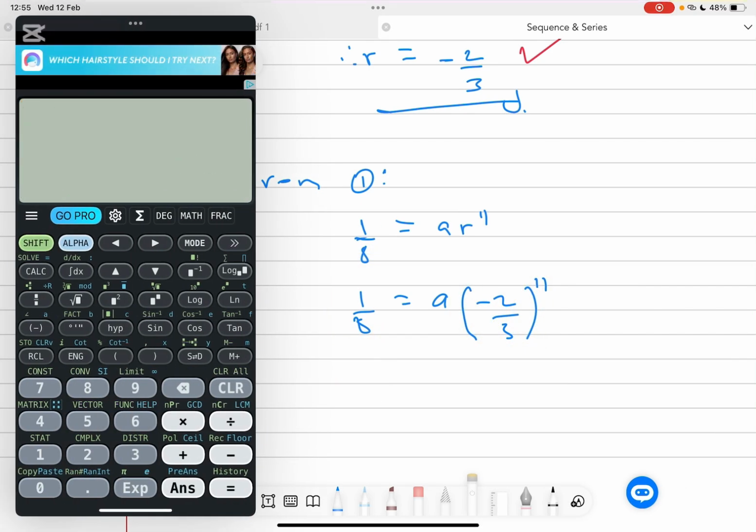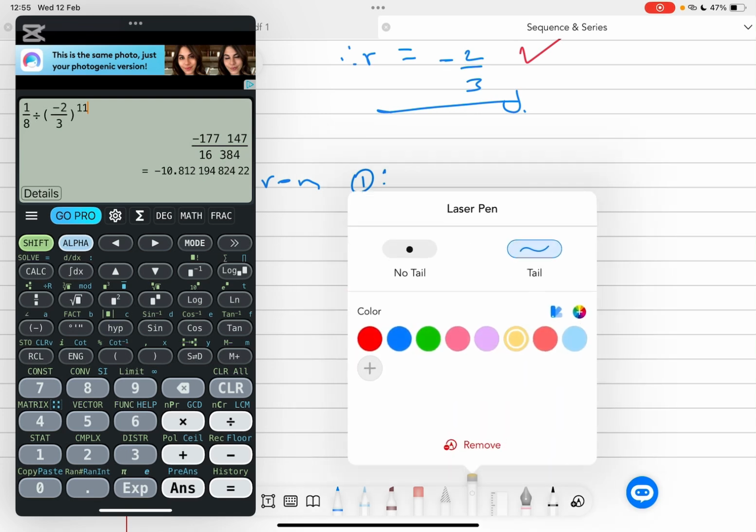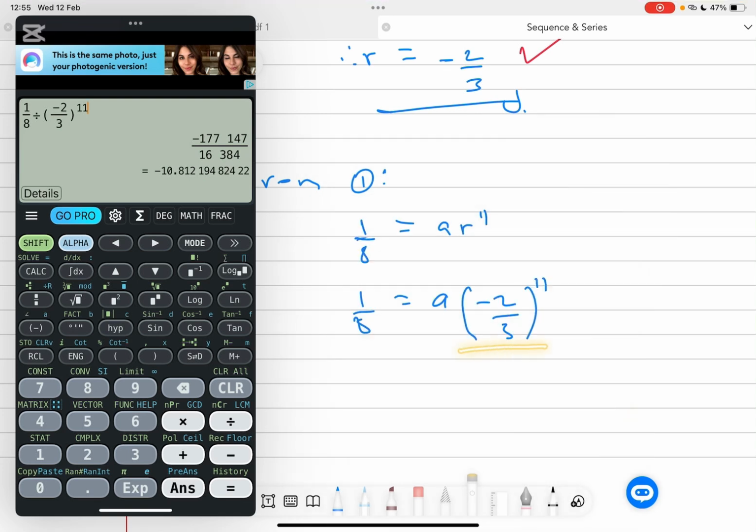So what I'm saying here is that we're going to have 1 over 8, and we're dividing this by negative 2 over 3 to the power 11, right? That's what we're doing. We're basically dividing both sides by this. That's what I punched in the calculator.